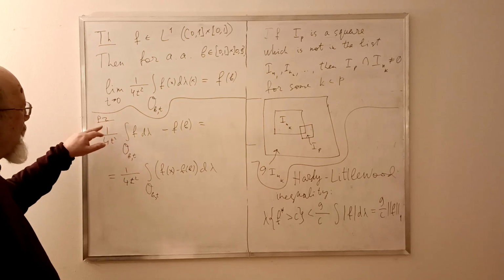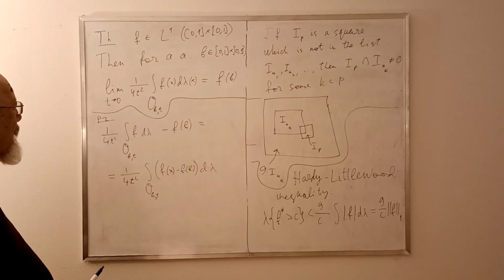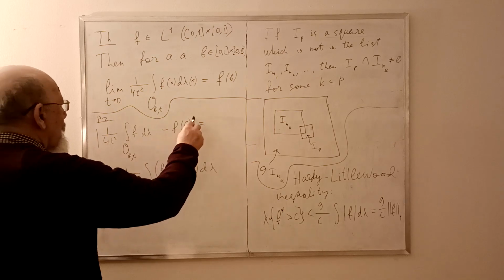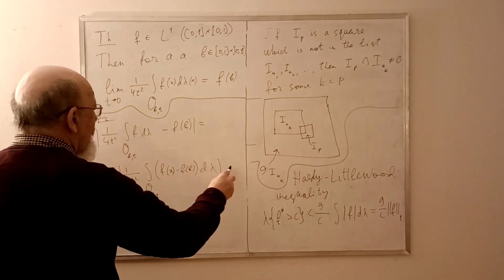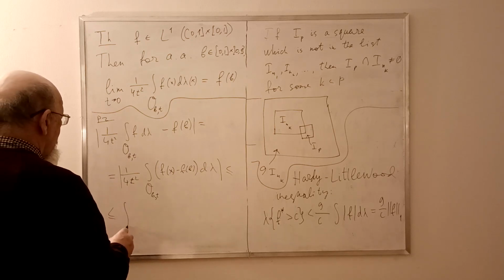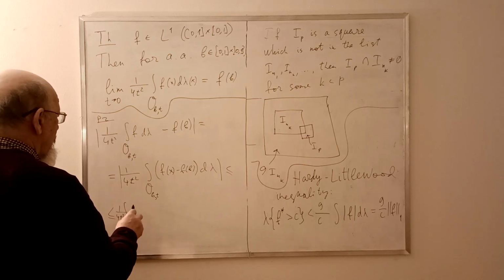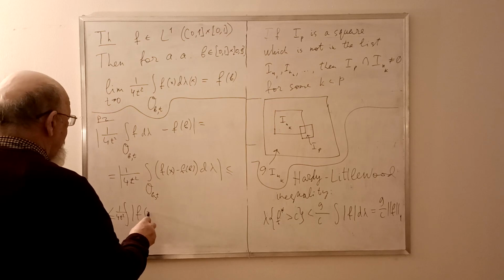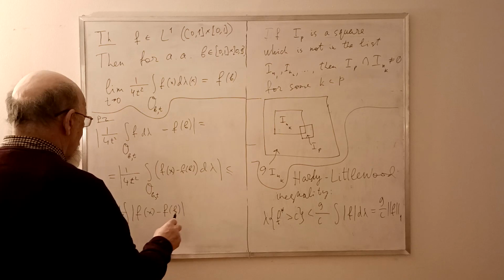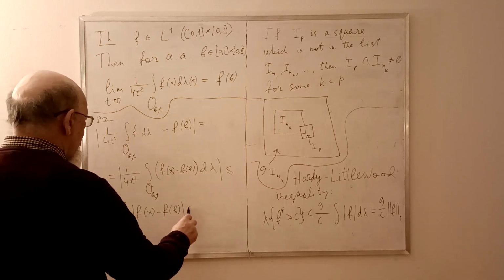The integral of this constant divided by the area of the square is exactly the value F of b. Let me write the modulus: this is less or equal to the integral of 1 over 4t squared times the integral over Q(b,t) of modulus F of x minus F of b d lambda.